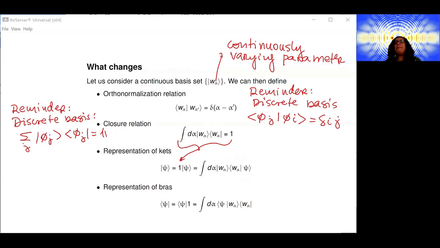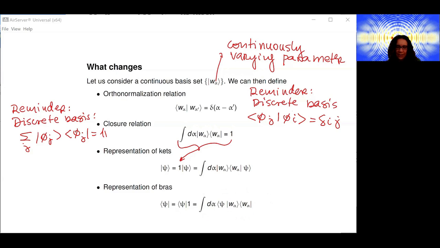So remembering that a bra is a vector in the dual space, or for a function now in the state space, you can write this in terms of bra psi, and using the identity operator, we get a similar expression.